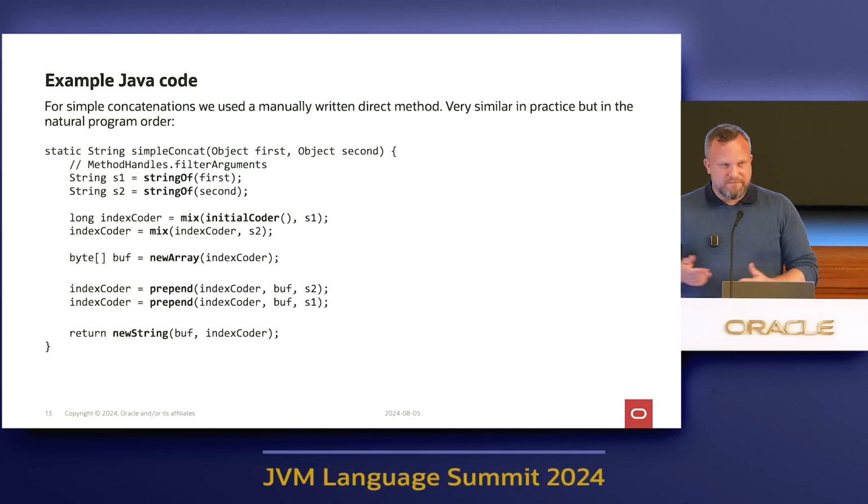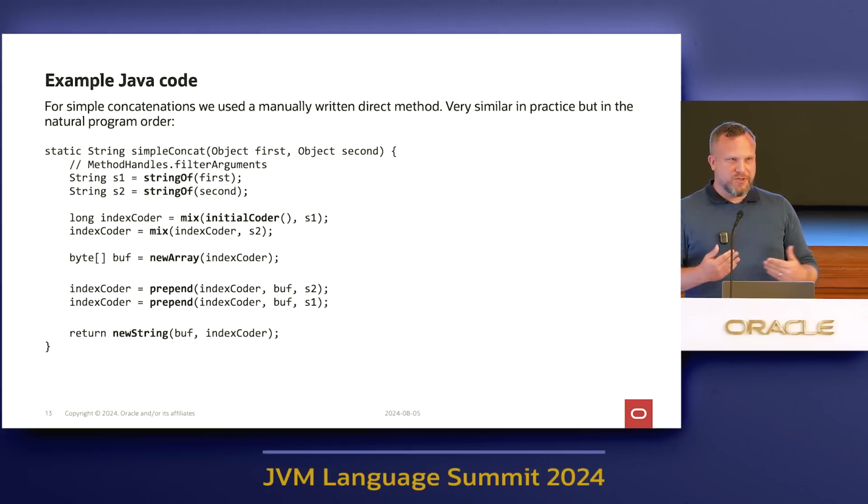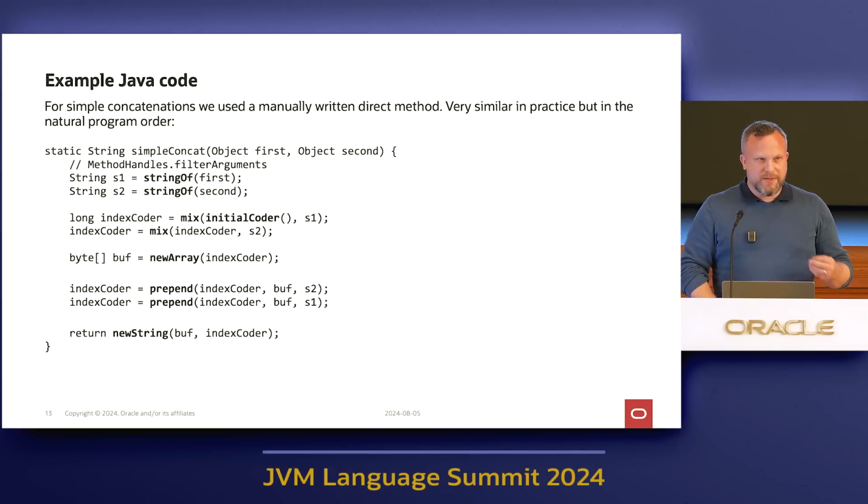To just translate all that convoluted nonsense into Java code, this is a method that was in the JDK until recently to concatenate two objects with each other. It follows the same principle, taking the stringifiers or string off the initial coder, mixing the values together, and creating the array, prepending arguments.